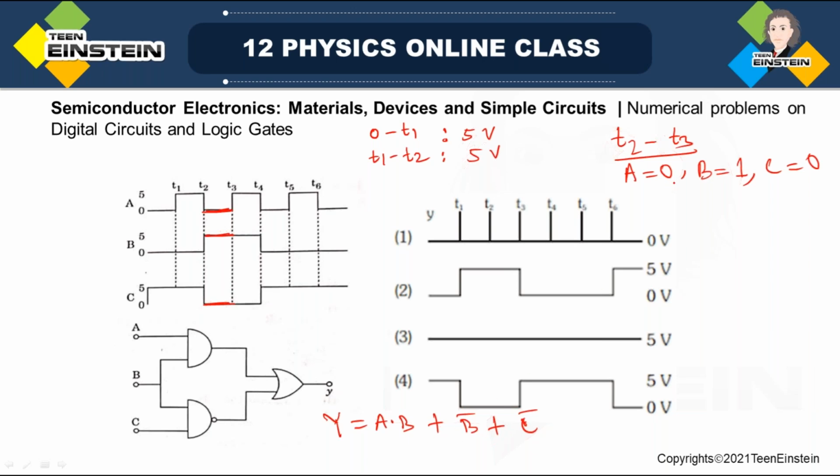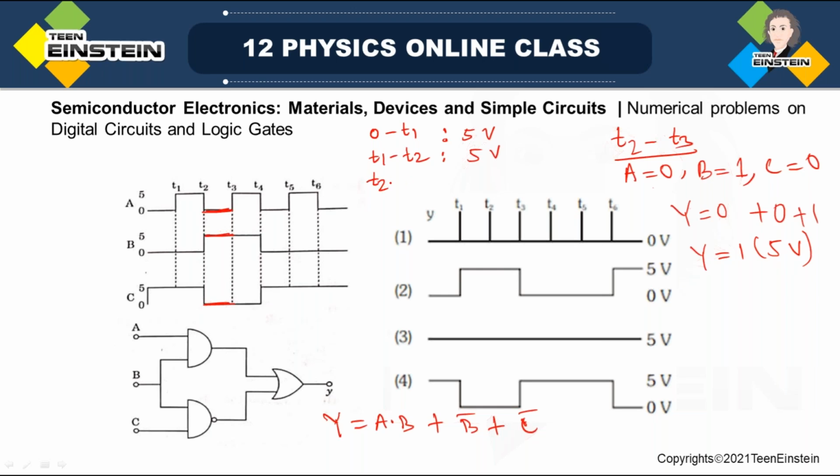A and B: A is low and B is high, so it will give you 0. Then B bar means 0, but C bar means 1. So finally you get again Y is equal to 1, or it is at 5 volt level.